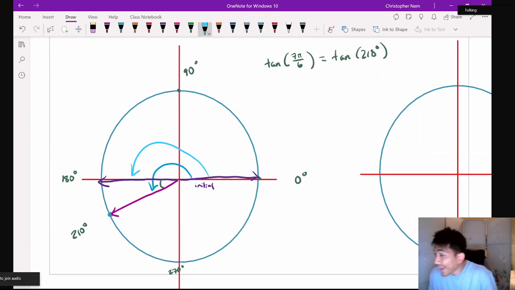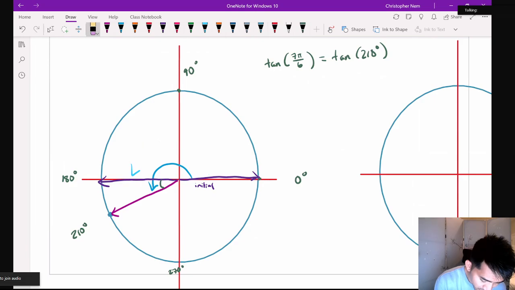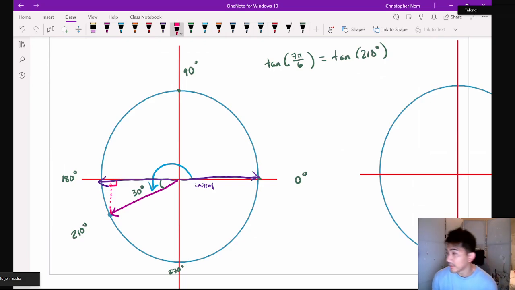I just have to subtract the two. So if I subtract the two, you get that this angle measurement is 30 degrees. And I can construct my right triangle from this point, and I just drop a straight line down, boom.